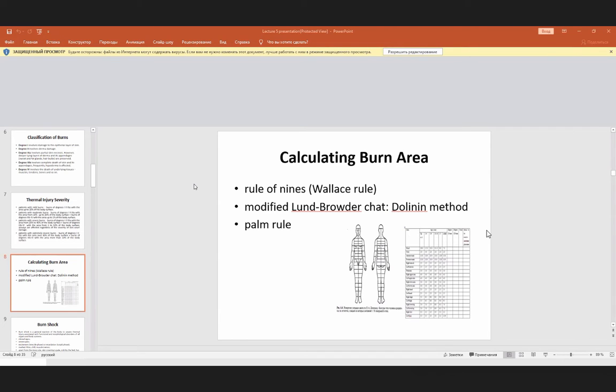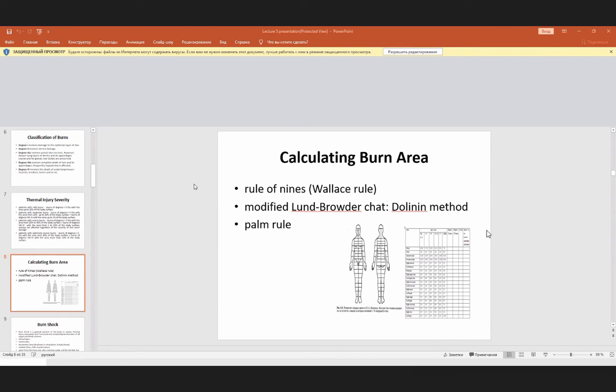Besides burn severity, the assessment of the size of the affected area, the total burn area, is of great importance. To determine it, the total area of the burn surface is calculated using the rule of nines, or the Wallace rule.